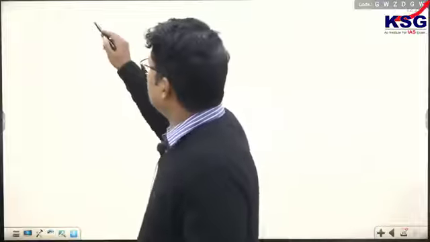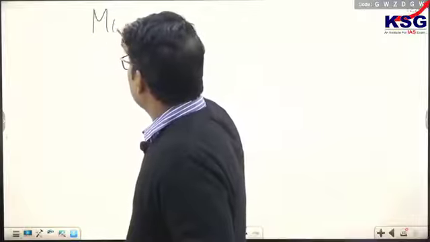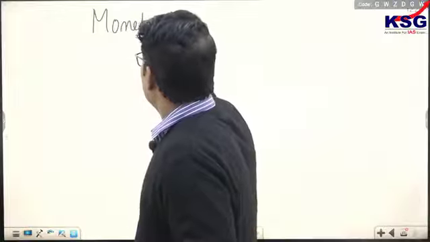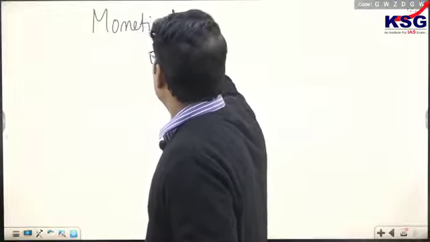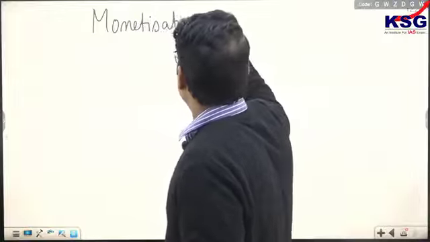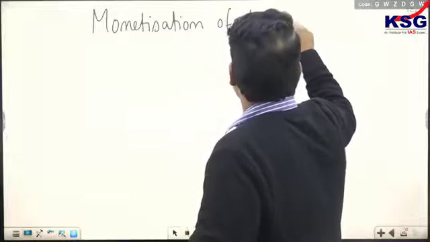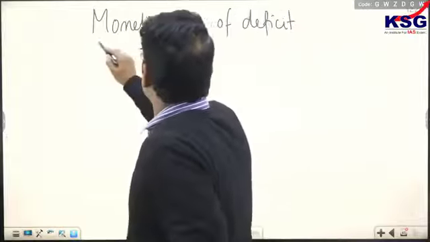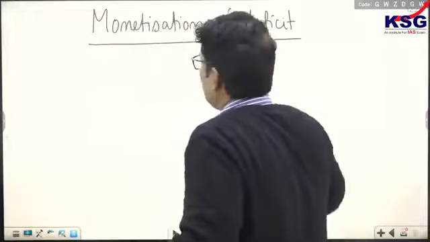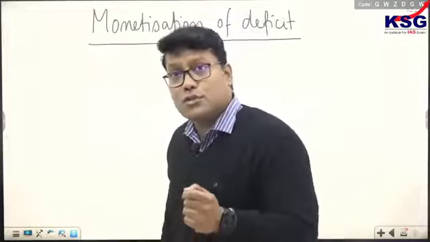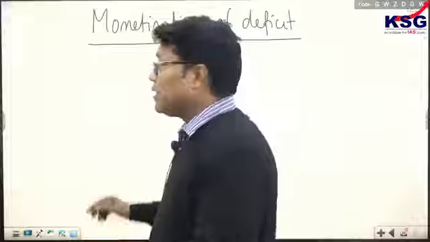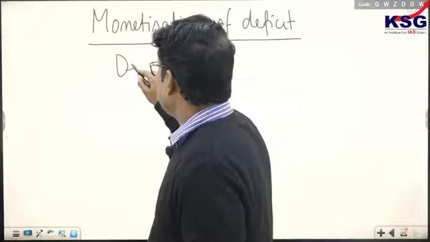So we used one word, let me discuss it first. One is the monetization of deficit. So you can use this word, monetization of deficit, or the same thing, the same process, you can also say deficit financing.